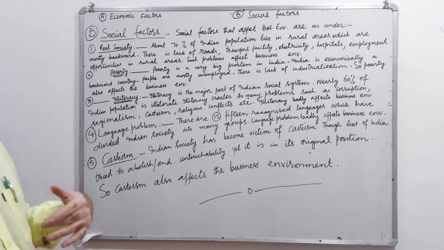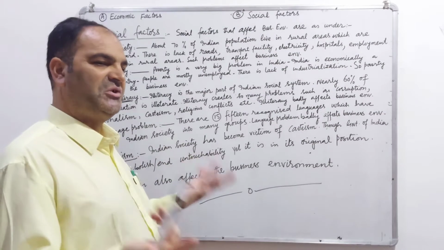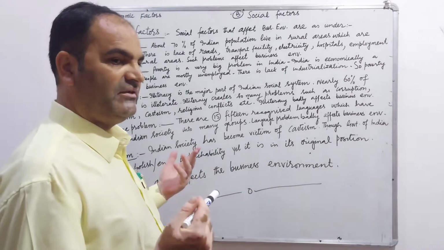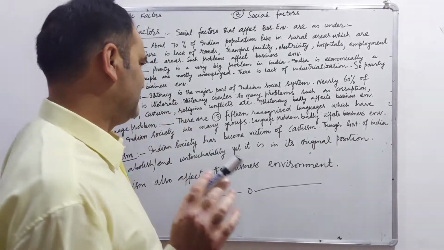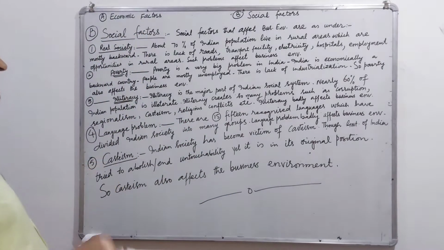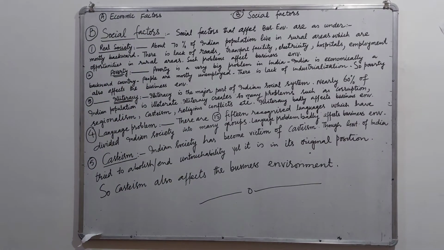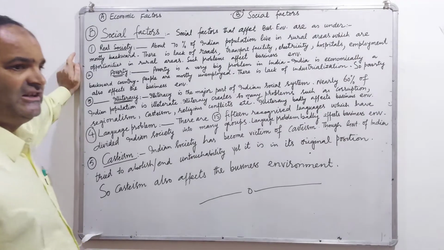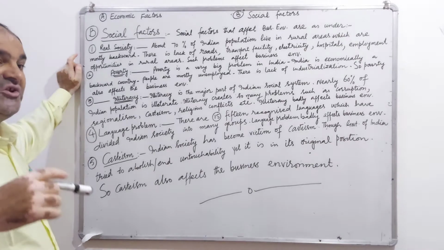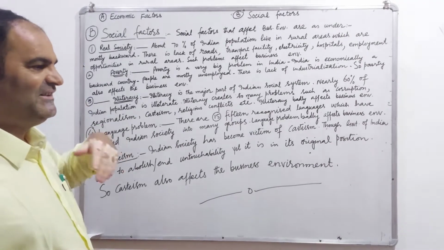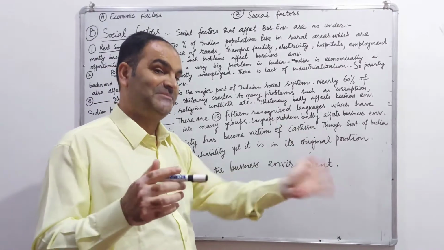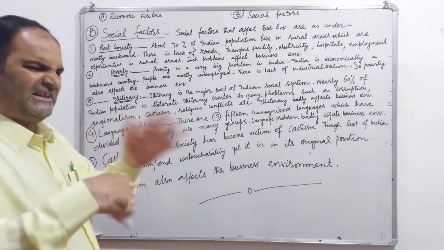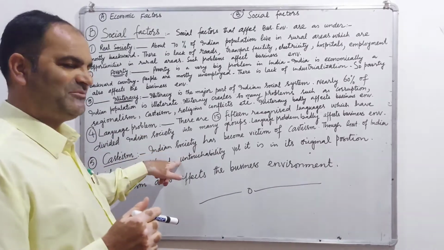For example, Kashmiri, Punjabi, Dogri, Sanskrit, Hindi, Urdu, Bengali, etc. Language problem badly affects business environment. It is but natural that language in the north of a state is different from the south of the same state. So people differ from each other due to language problem.